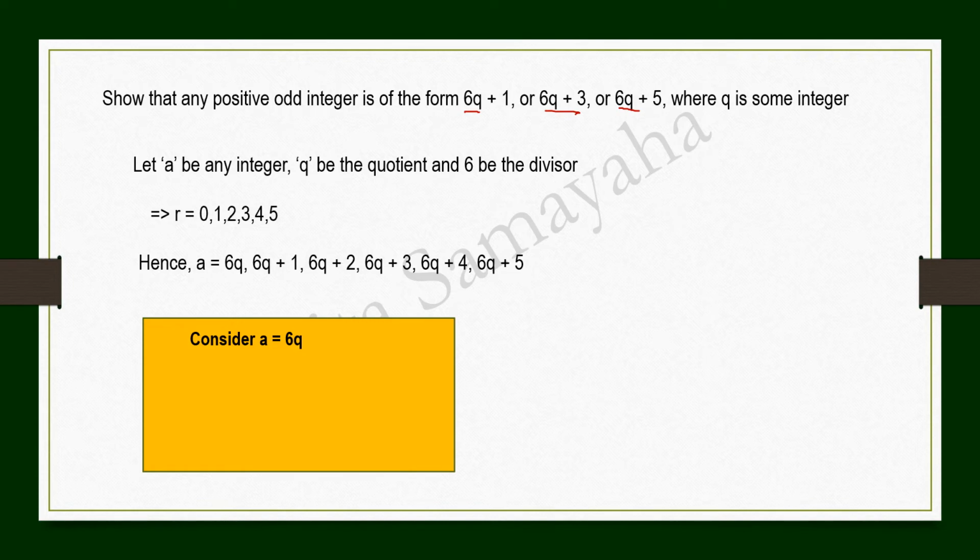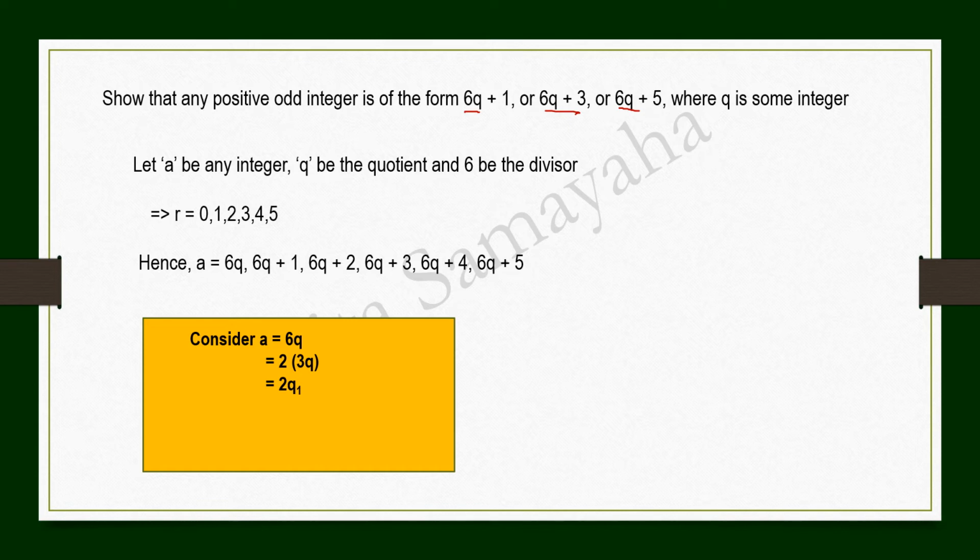As usual, we try to express 6q in the form of 2 into something. So we can write this as 2 into 3q, and 3q we denote as some q1. So we have expressed this as 2q1.